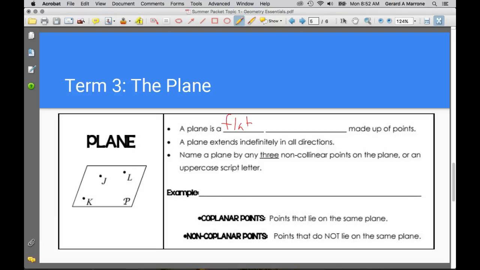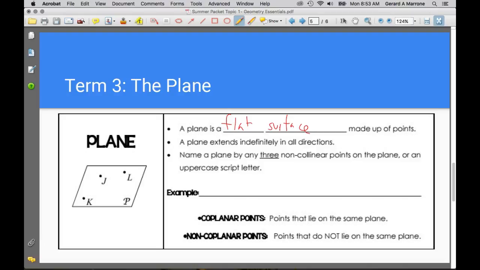Think of a piece of paper, the whiteboard, the top of a table, anything that is a flat surface. So it's a flat surface that's made up of an infinite number of points and it extends infinitely in all directions. And it is named when we have 3 non-collinear points. That's key. Or we use an uppercase script letter that will always be located in the corner of a plane.